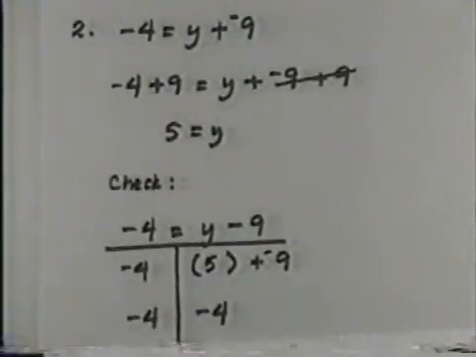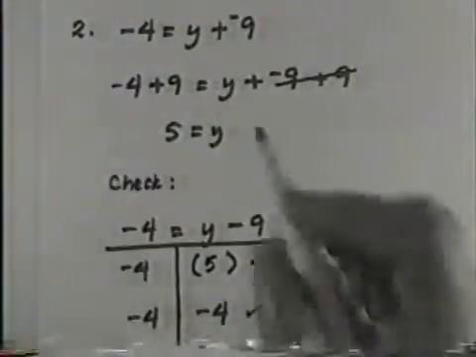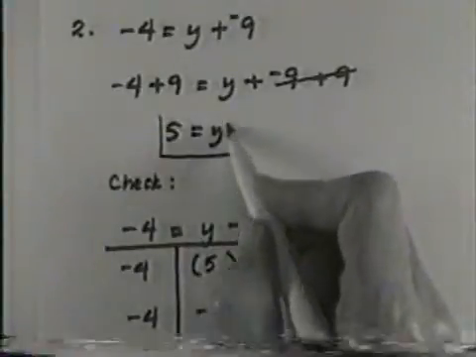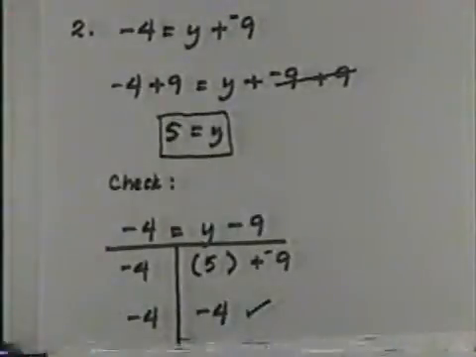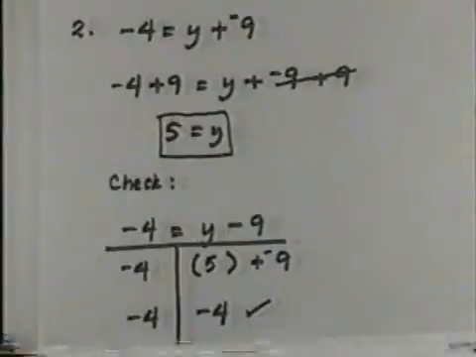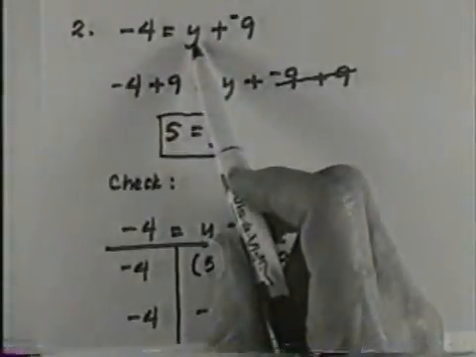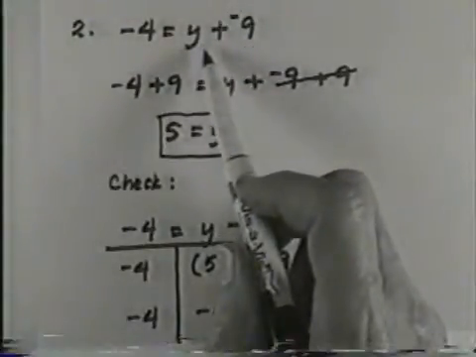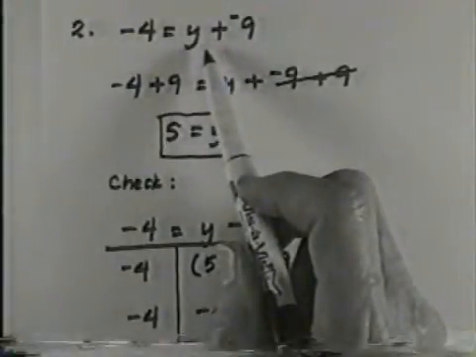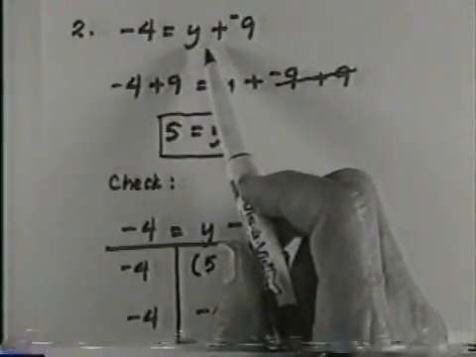And that gives us -4. This checks, and so 5 is the correct answer for y. We have a choice in a problem like this. If it is bothersome to you to have the variable on the right-hand side instead of on the left, we have another way to work the problem.